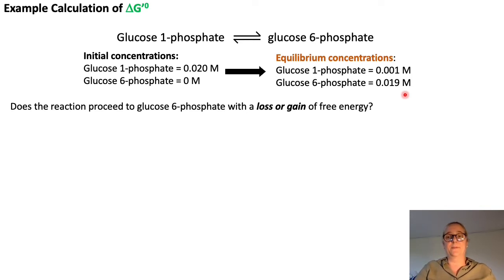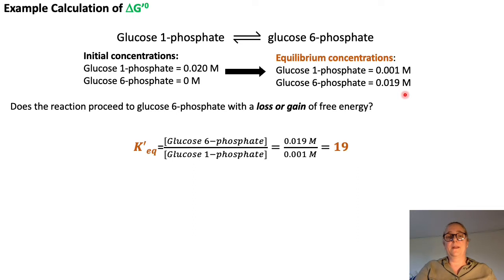What do you reckon? Well, if we calculate this, the equilibrium constant is glucose 6-phosphate over glucose 1-phosphate, remember the products over the reactants, and we can put these values into the equation.